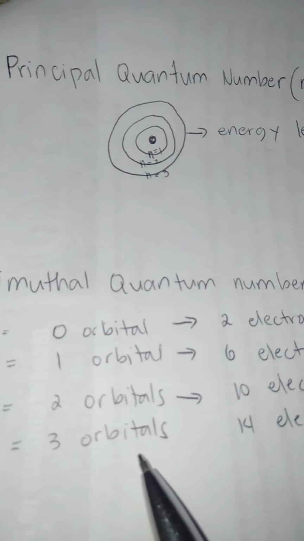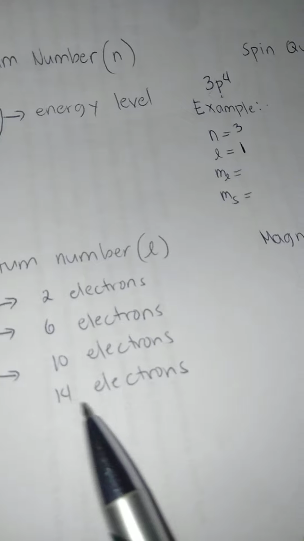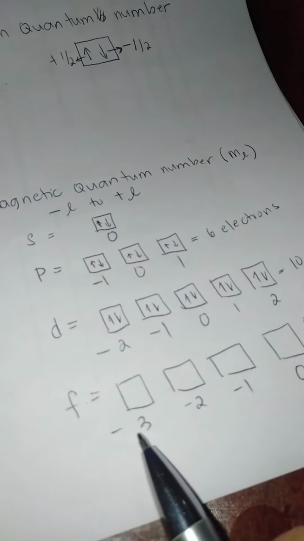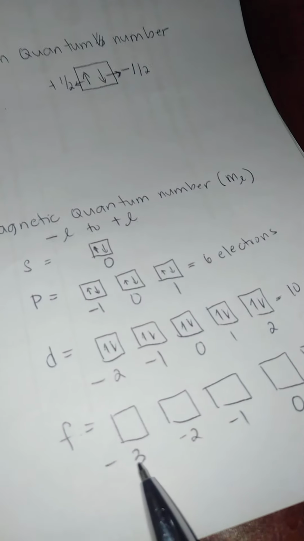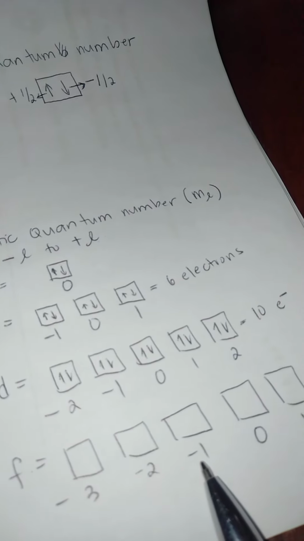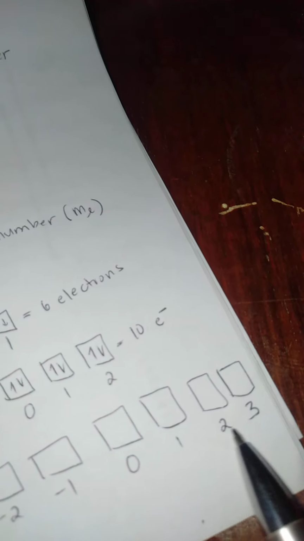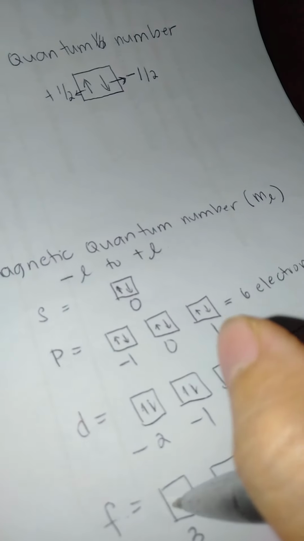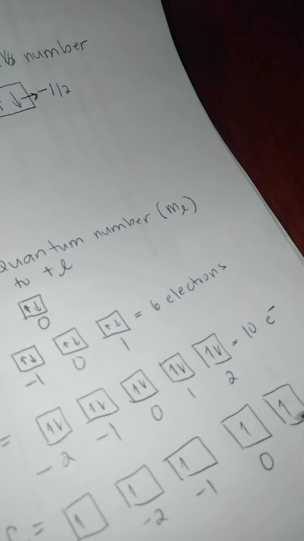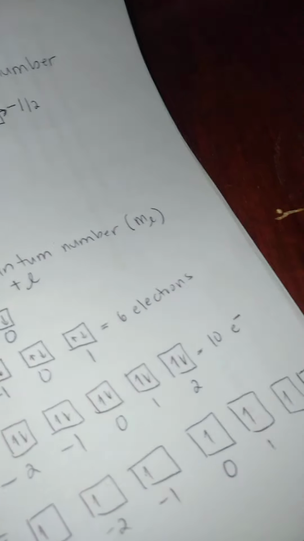And then last we have F. It has 7 orbitals. It can occupy 14 electrons. How? So negative 3, negative 2, negative 1, 0, 1, 2, 3. Arrow 1, 2, 3, 4, 5, 6, 7.